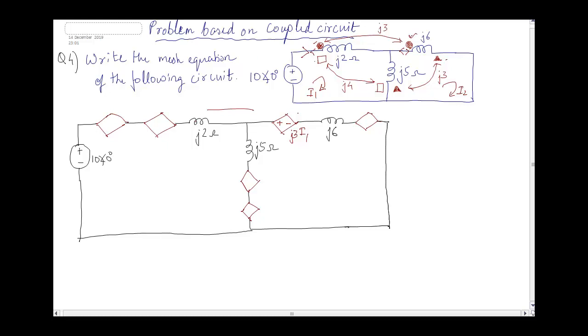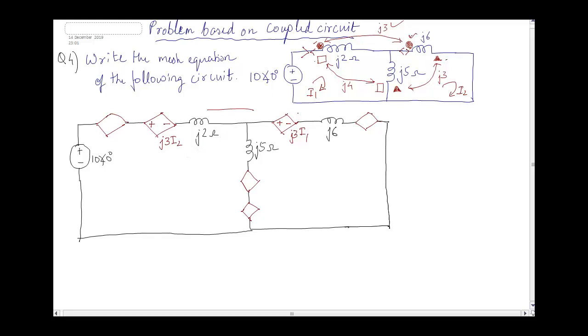If it is leaving, then it has to flow in this direction, that means outside of J2. So this is negative and this should be positive. And the value of that will be again J3, the mutual inductance, and the current that is flowing there is I2.